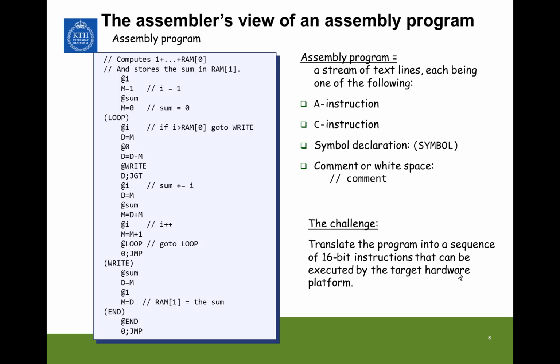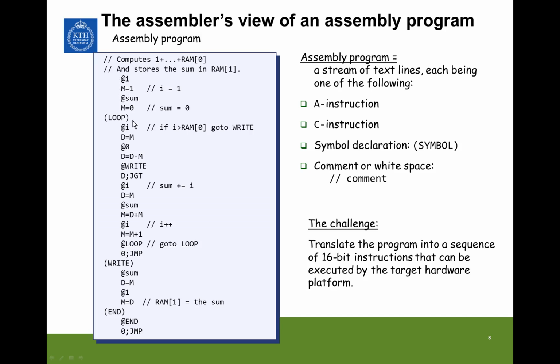To recall how an assembly program looks: an assembly program is a stream of text lines, 1, 2, 3, 4. Each of these lines is one of the following. It can be an A instruction, like @i. It can be a C instruction, like M=1.